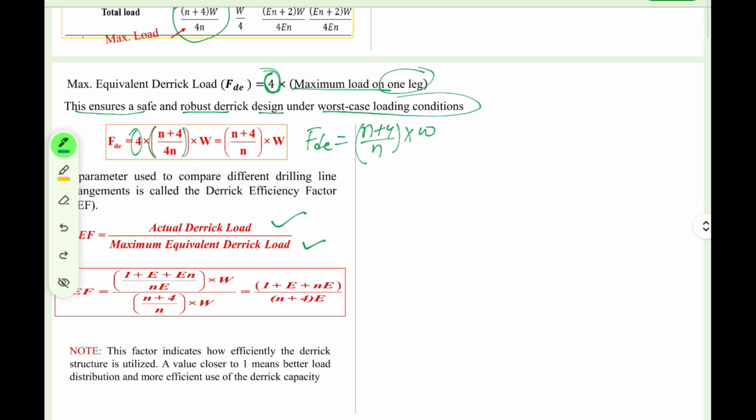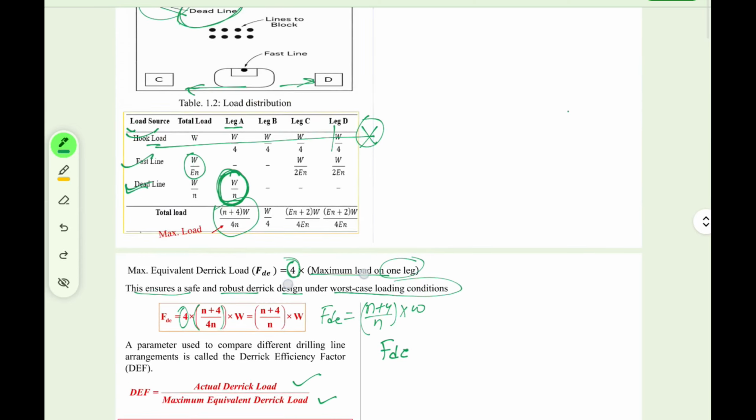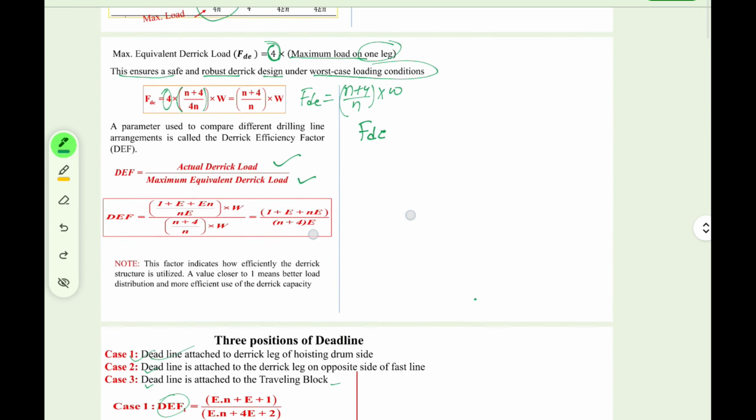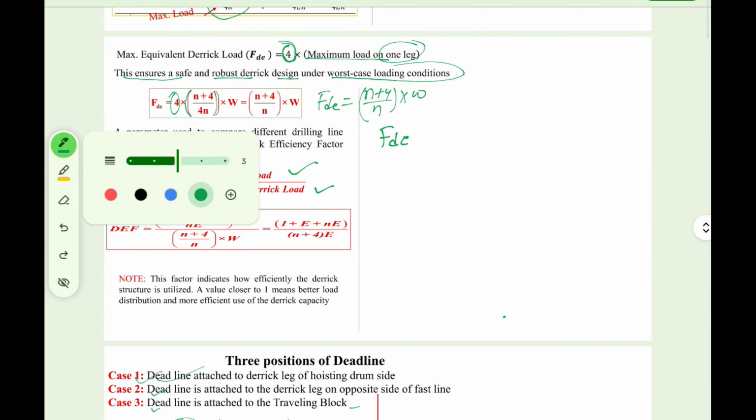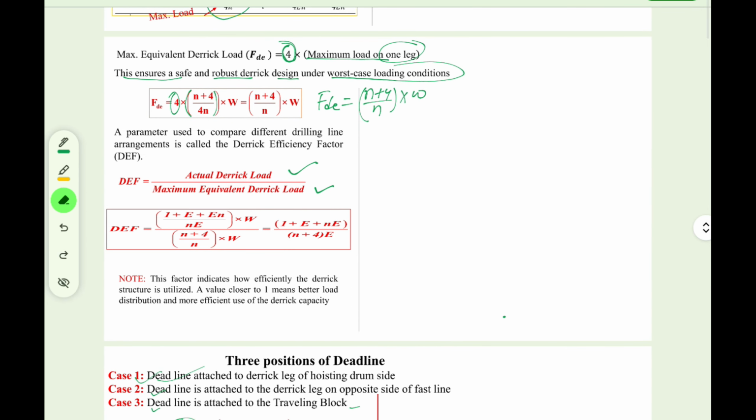So what is the actual Derrick load? If you remember the FDE, the actual Derrick load FD we calculated just now in the previous slide. FD is nothing but the hook load plus fast line load plus dead line load.